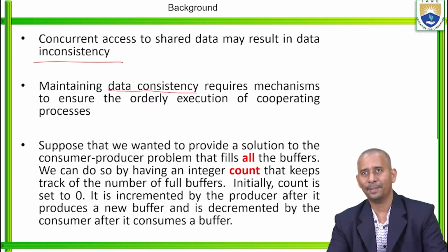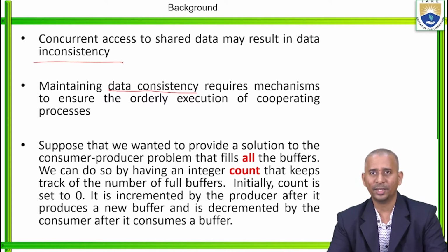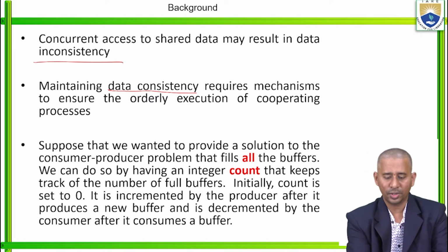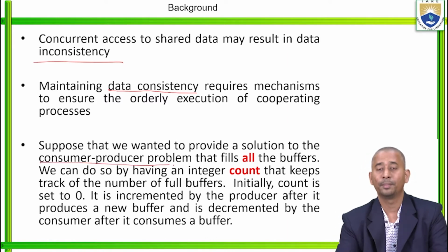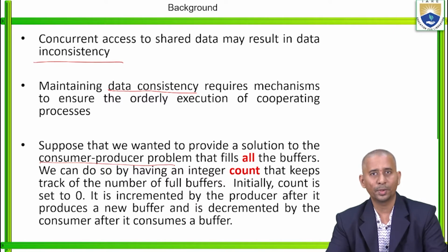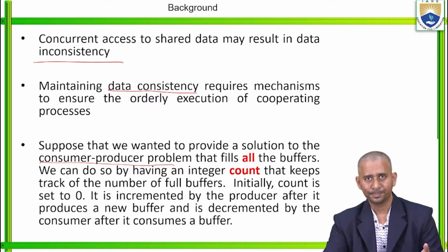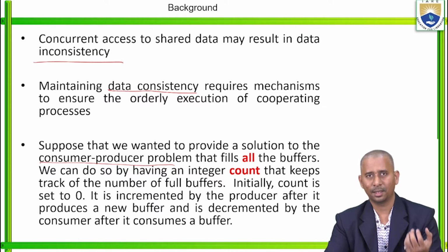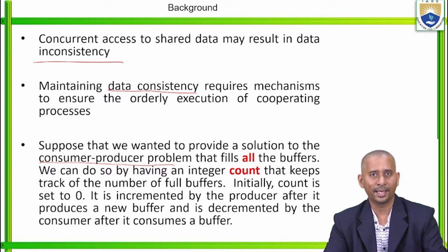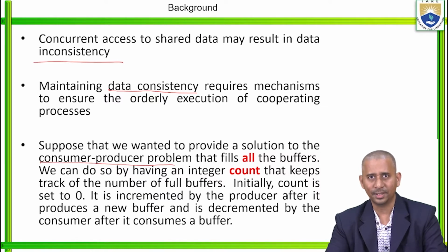Let us take an example. Suppose that we want to provide a solution to the consumer-producer problem. We know the consumer-producer problem. Whenever n goods are consumed, the producer produces the same n number of products, which fills all the buffers.